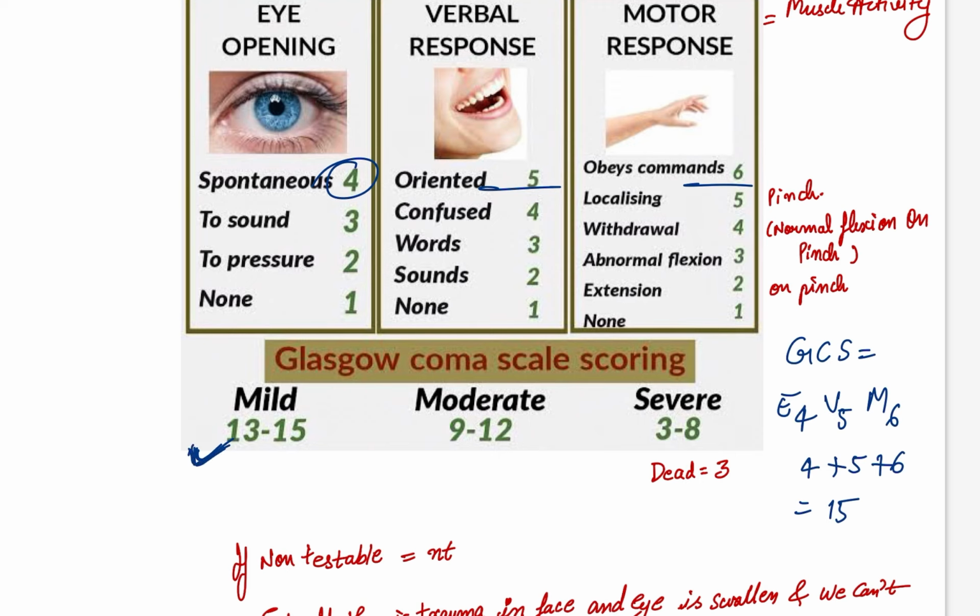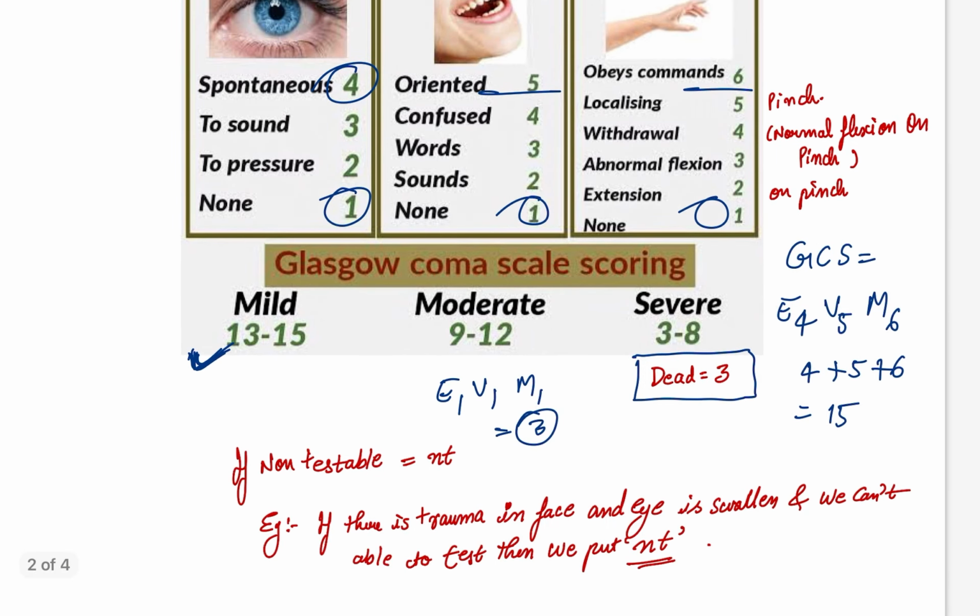But if the GCS is E1 V1 and M1, the total is 3, right? So this one is serious. If the GCS score is 3, it means the patient is in a very critical condition. So this is very important, we have to know it very well.